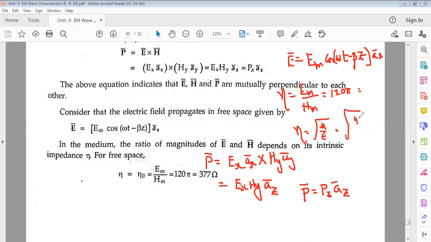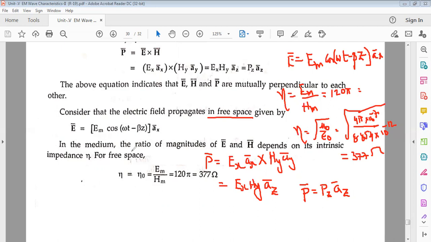Mu naught is 4 pi into 10 to the power of minus 7, and epsilon naught, because we are considering free space, is 8.854 into 10 to the power of minus 12. You can calculate these values; approximately you get 377 ohms because it is an intrinsic impedance.